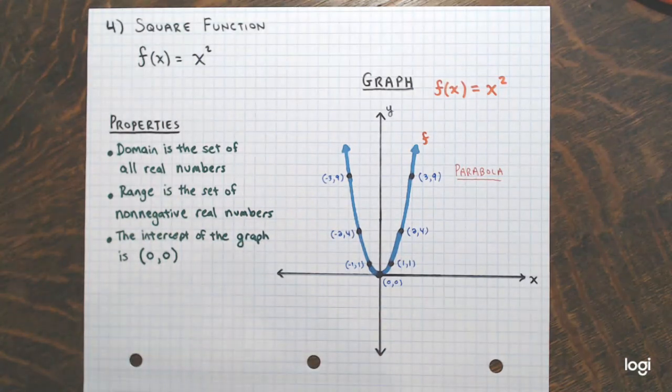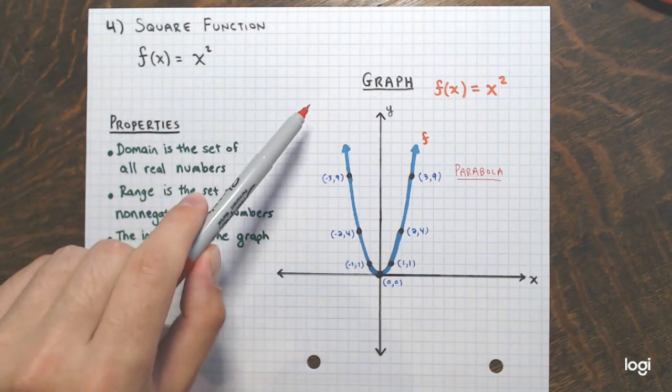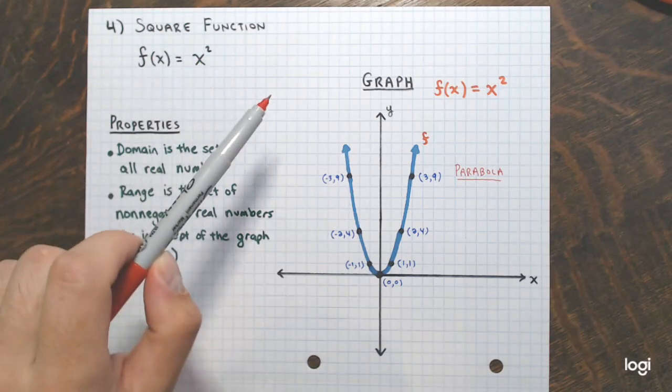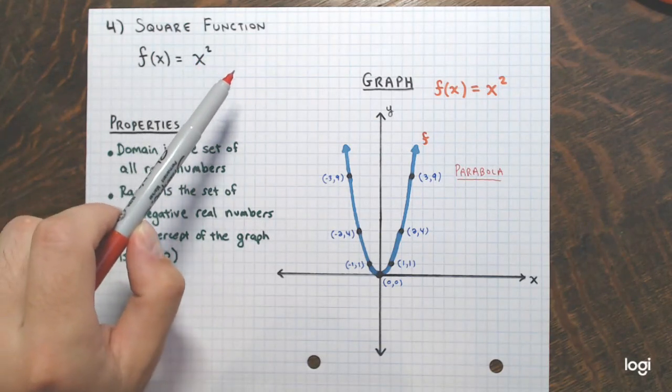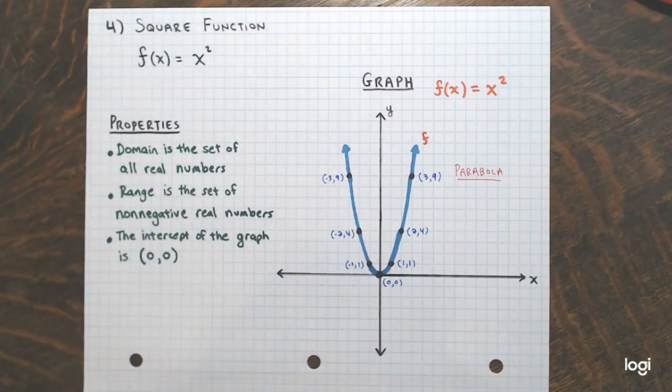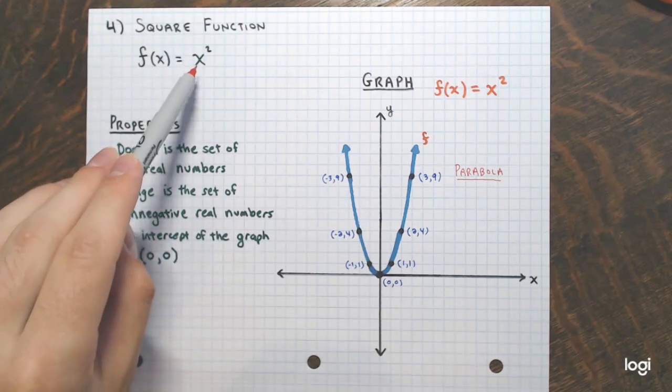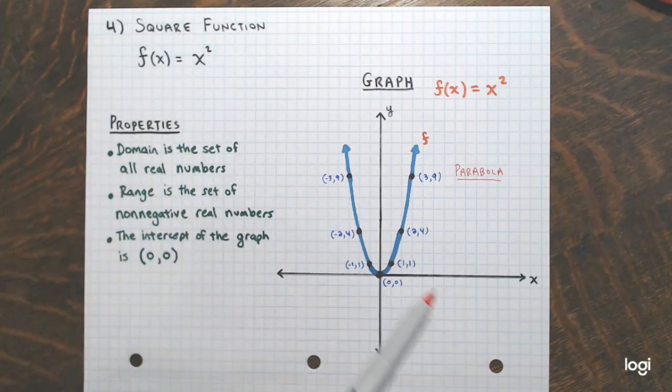It's so that later, when we see more complicated functions involving a square, like 2x squared plus 3x minus 8, you'll be able to graph that more complicated function starting with the basic function and then performing some transformations, right? And there'll be videos in the future, or you can search for videos on your own right now on function transformations. Okay, but for right now we're just learning, again, these basic functions.